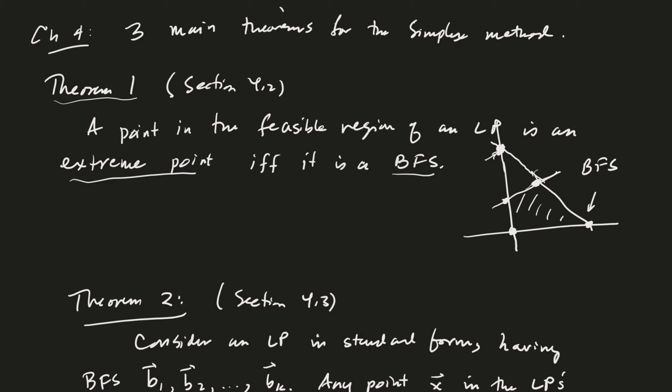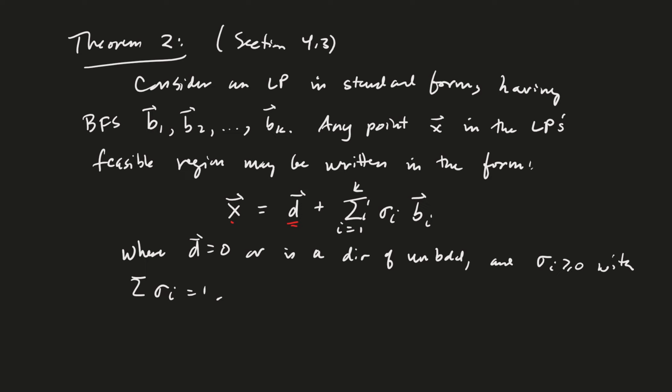Good. So the next question has to do with how you represent these points in the feasible set. And it's kind of interesting, because any point in the feasible set, this is Theorem 2 now, the representation theorem that we were working really hard with convex sets to get, can be written as the vector d, which is the direction of unboundedness, or 0 if the set is not unbounded, plus a convex combination of the extreme points, or the BFS.